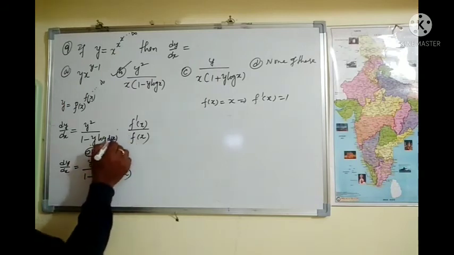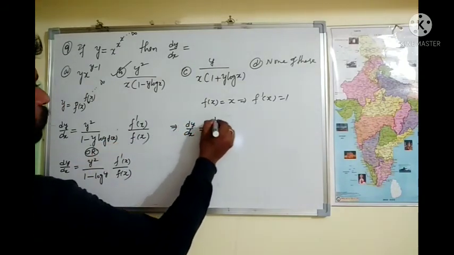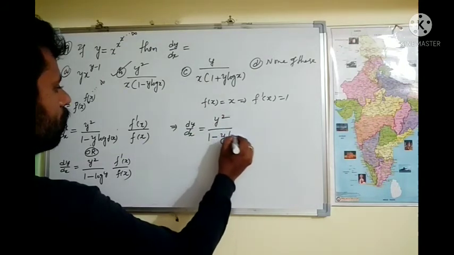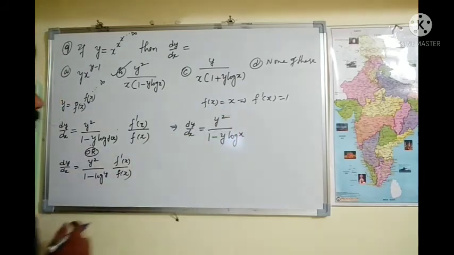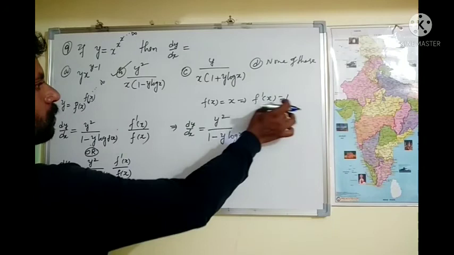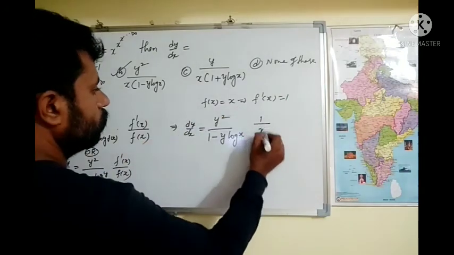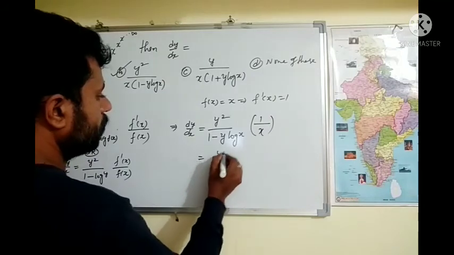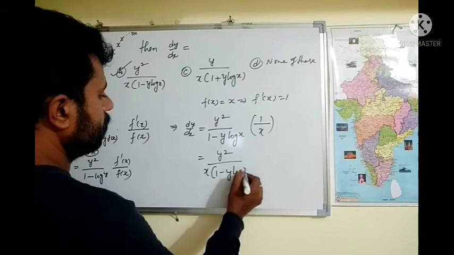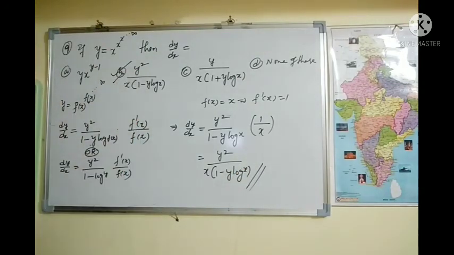Now substitute in this result: dy by dx is equal to y square divided by 1 minus y into log of f of x. Here we have x into the derivative of f of x, which is 1 divided by f of x, that is 1 by x. This result can be written as y square divided by x into (1 minus y log x). See, option B is correct.